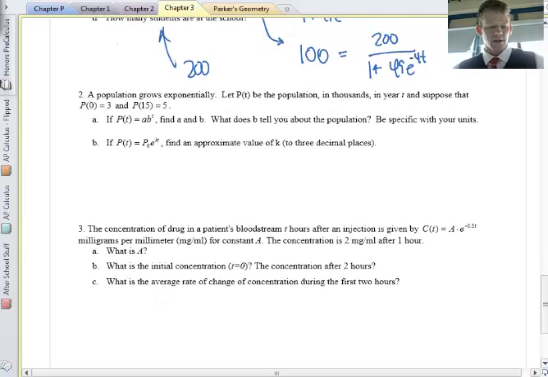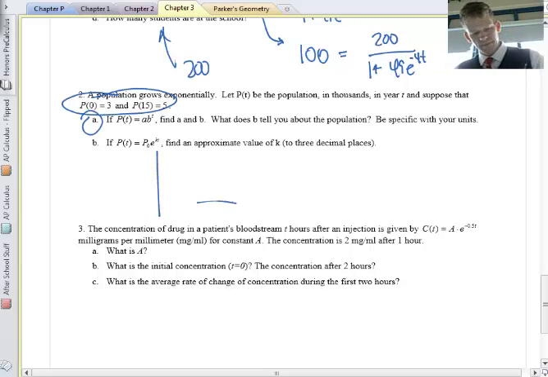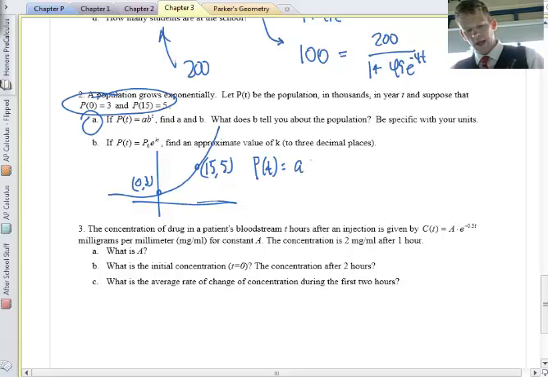So the last question, we did this in class where we solved for the constant, but I'm just going to show you how to do this again. For part A, we have an exponential growth function where we have 0, 3, and we have 15, 5. And what we do for this problem is we have our basic exponential model where P of t is equal to a b to the t.